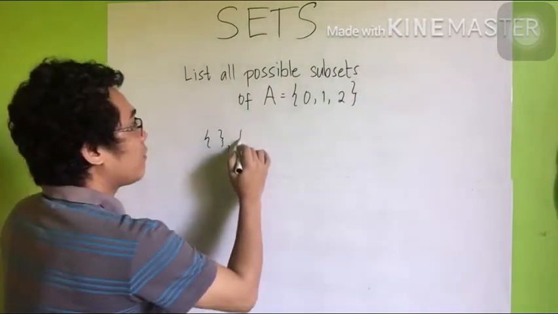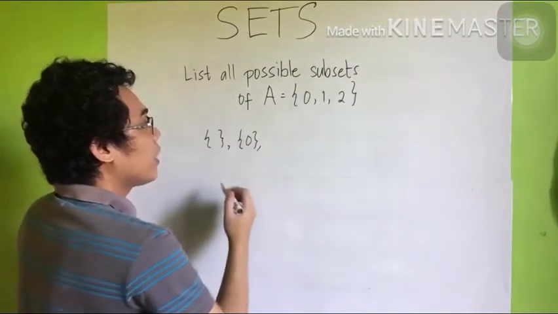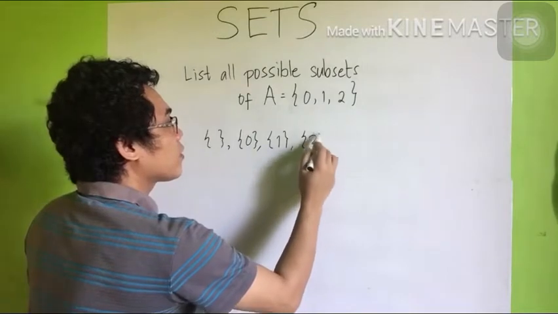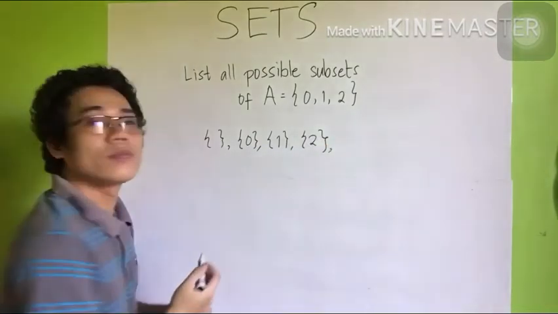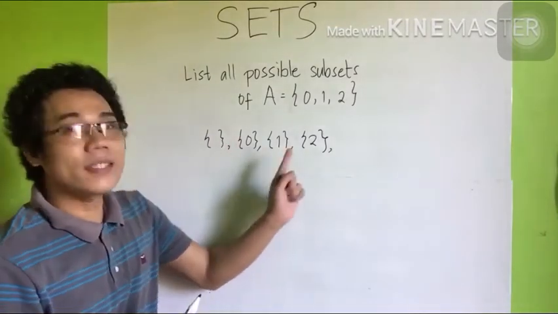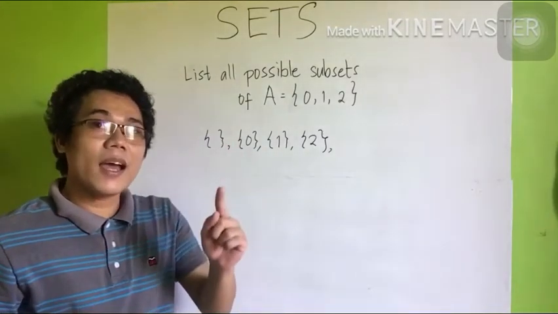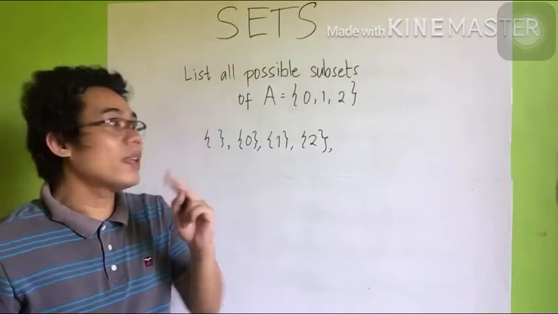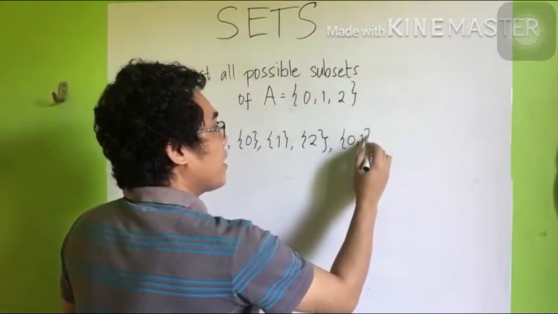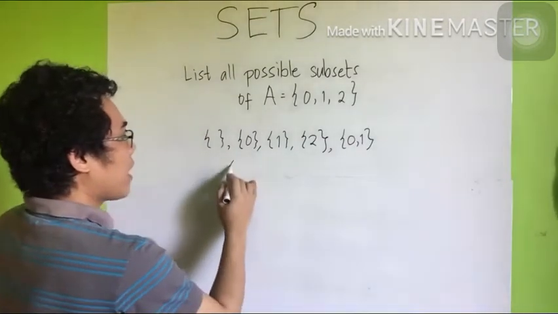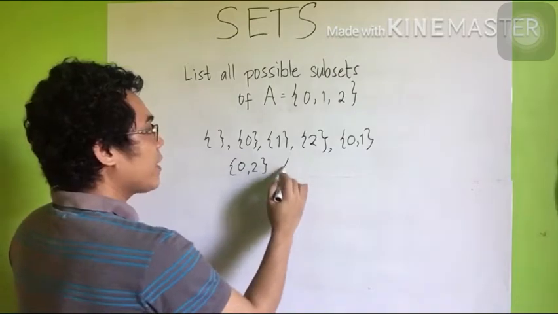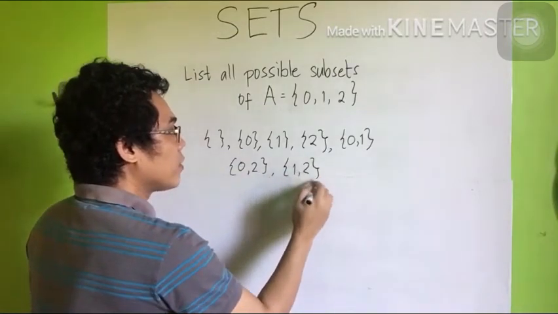So we have 0, and then set containing 1, set containing 2. So nalista na natin yung mga set na tig-iisa ang element. After tig-iisa, next naman ilista natin is tig-dalawa. So 0, 1, and then we have 0, 2, and then 1, 2.